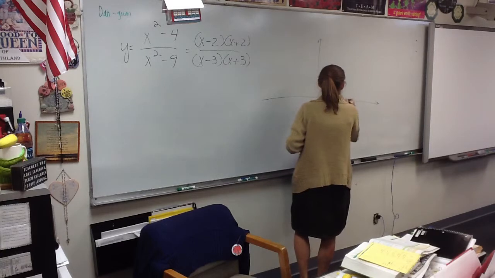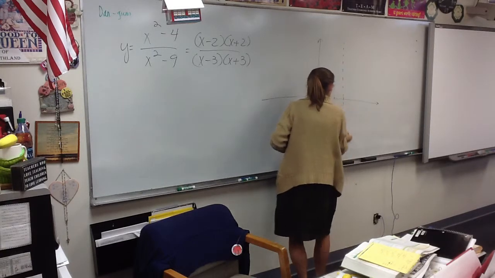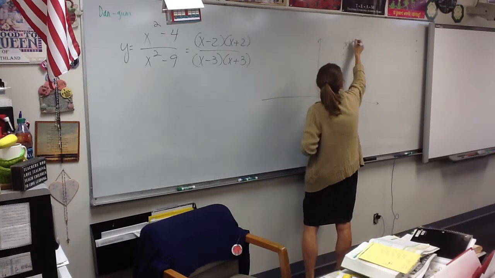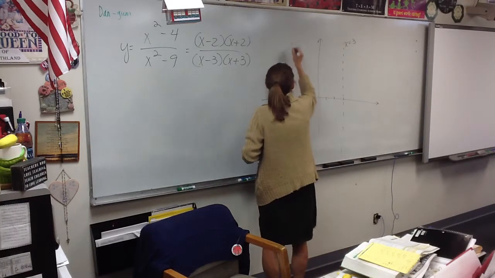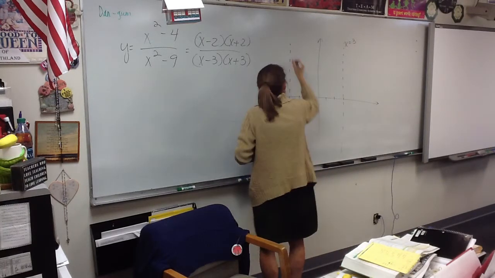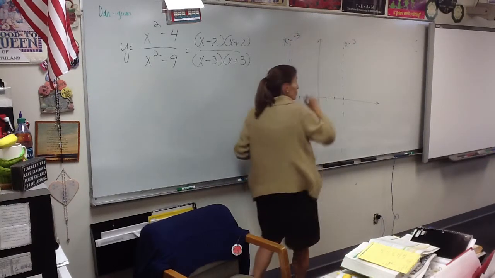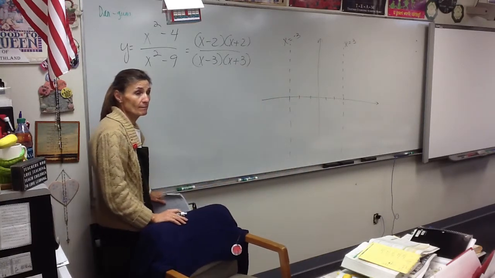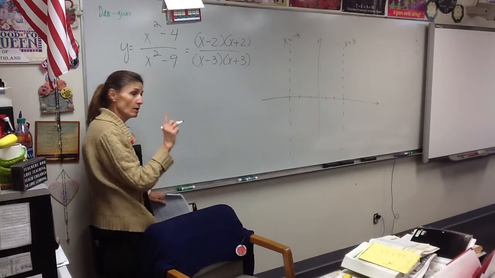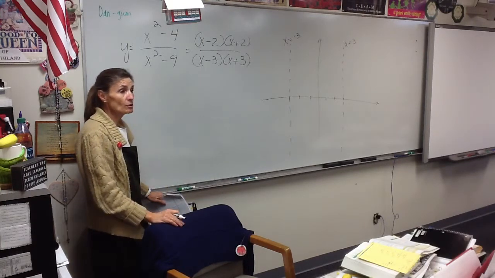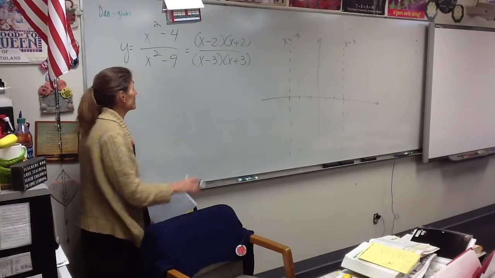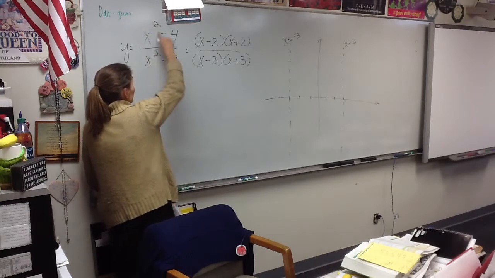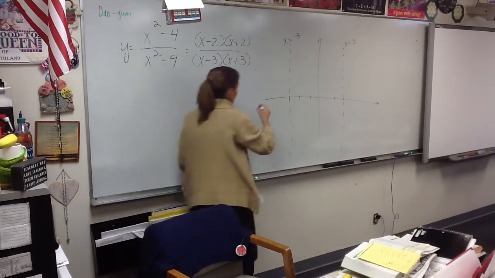So you are going to have 2 vertical asymptotes. One's at 3 and one's at -3. This picture is going to look a little bit different because there's 2 vertical asymptotes in it. You still only have one horizontal. You will always have just one horizontal. And where will it be? At 1.